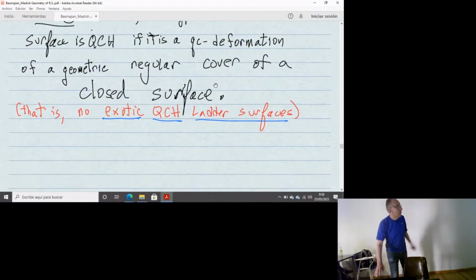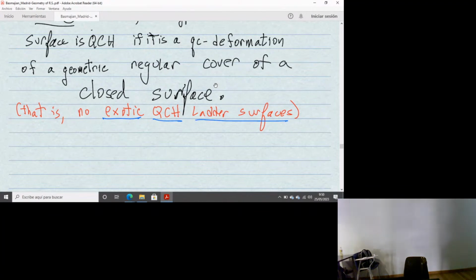So the argument here is hands-on. Basically, you have this ladder surface, and what you want to do is build sort of a quasi-translation on the surface. Everything is up to quasi. So the first thing you do is try to break up the surface.